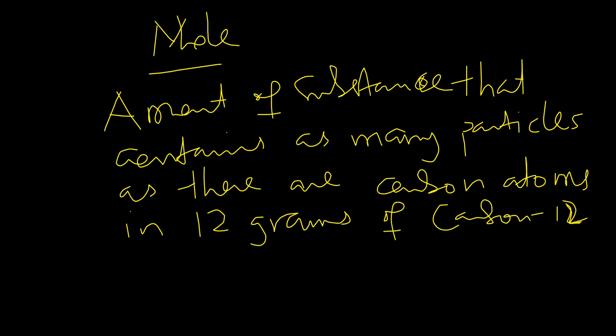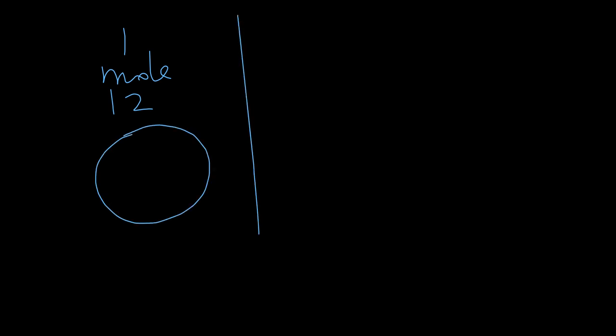So I would have to explain this. What this is simply saying is this. So let me just use this to explain this. Anytime you have 1 mole of carbon 12, the quantity of substance in it is the same as when you have 1 mole of any other substance.